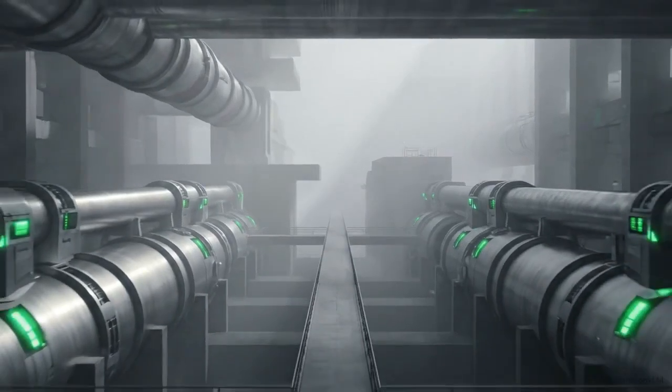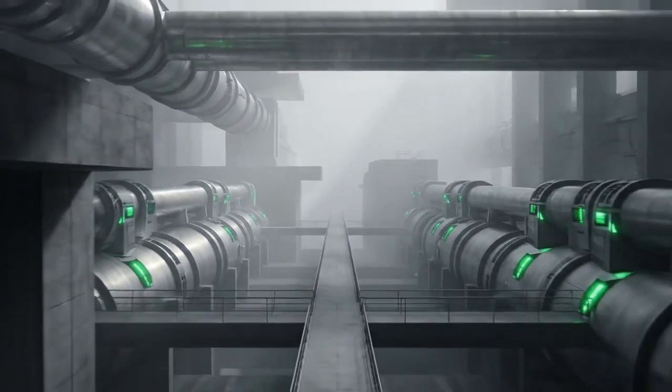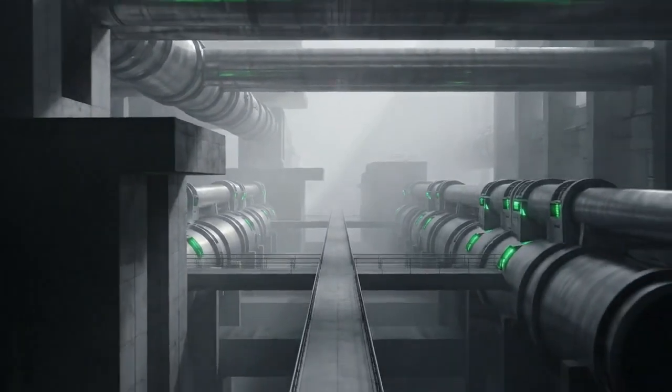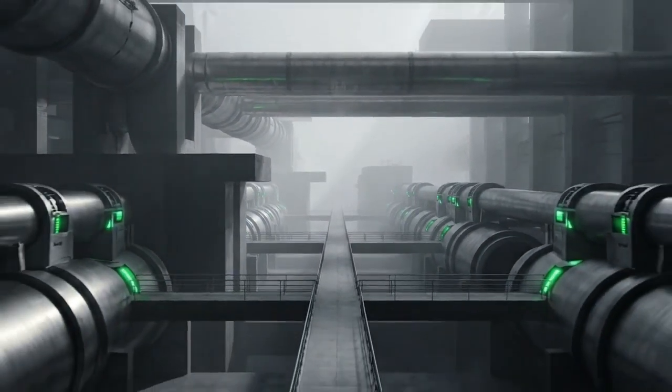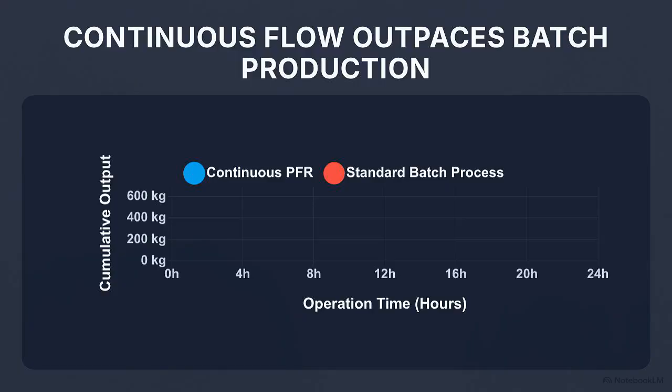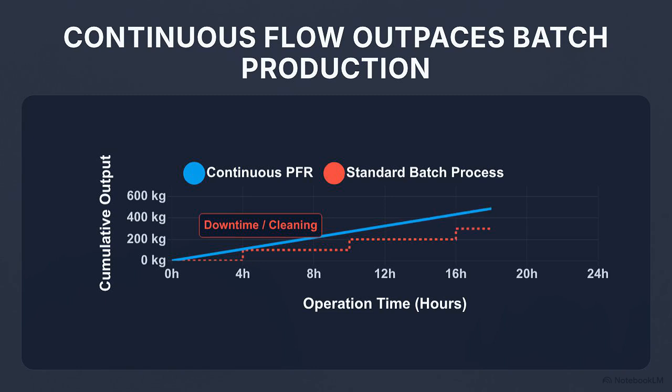Continuous flow architectures have shifted heavy pharmacology away from slow, localized batch chemistry toward rapid, highly scalable continuous manufacturing. As this chart demonstrates, the continuous output of a steady-state PFR drastically outpaces the inherent downtime of standard batch operations. The power of the system lies entirely in marrying that high conversion efficiency with absolute mathematical control over the reaction kinetics.